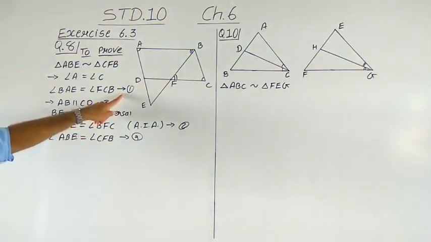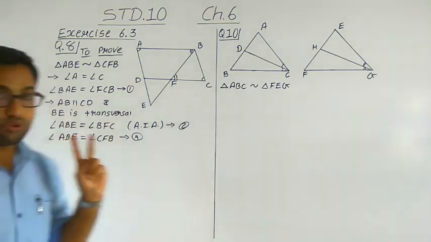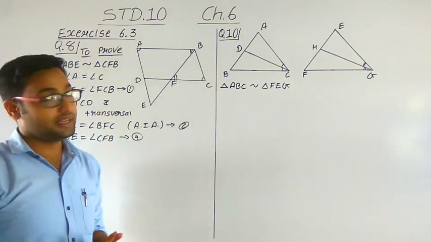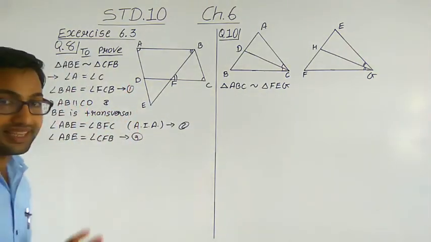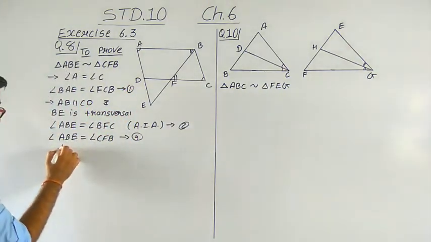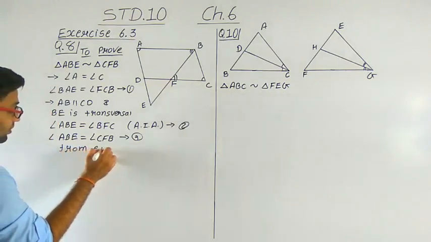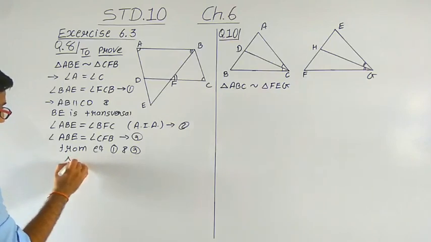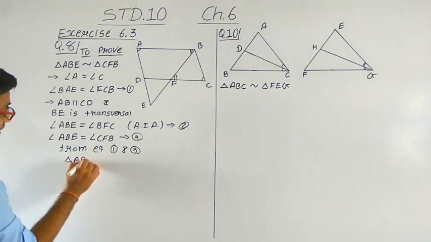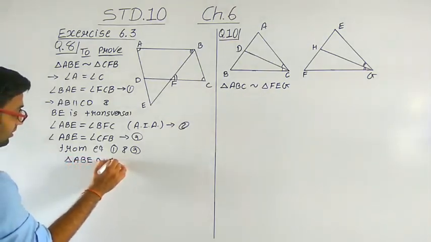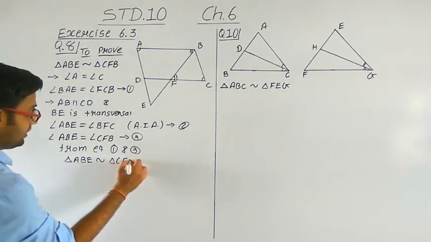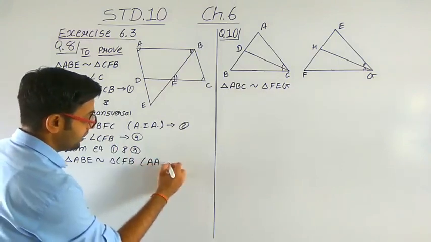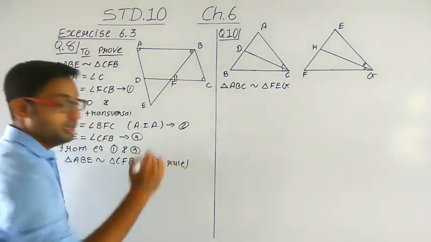Now see, from equation number 1 and 2, if two angles of a triangle are equal to two angles of another, then by the angle-angle similarity criterion, we can say that both triangles are similar. So, from equations 1 and 3, we can say that triangle ABE is similar to triangle CFB, by the angle criterion.